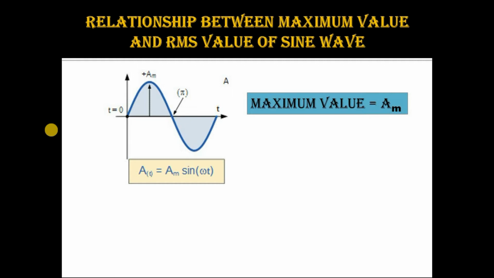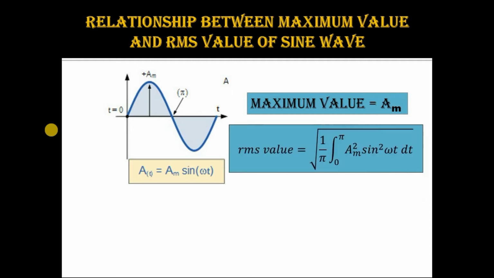Next, how to find the RMS value? The formula to find RMS value is square root of area under squared curve divided by base. So RMS value equals square root of, to find the area under the squared curve, we have to integrate the squared curve.